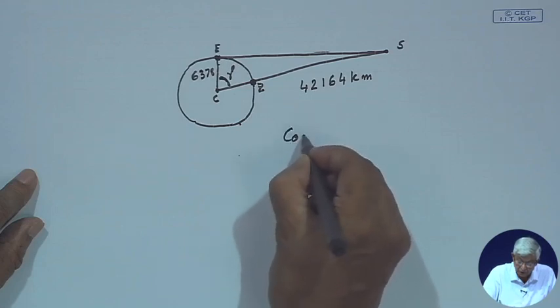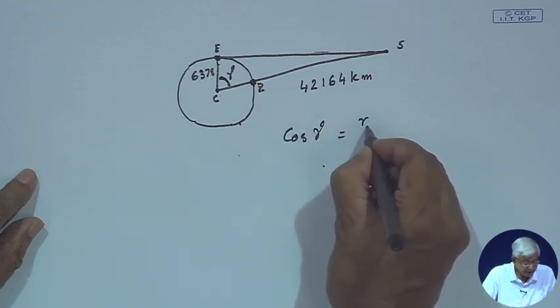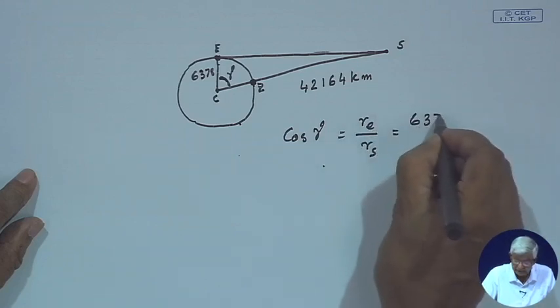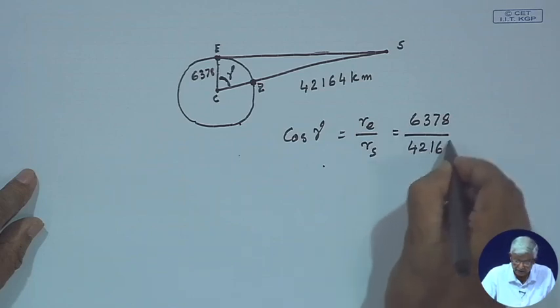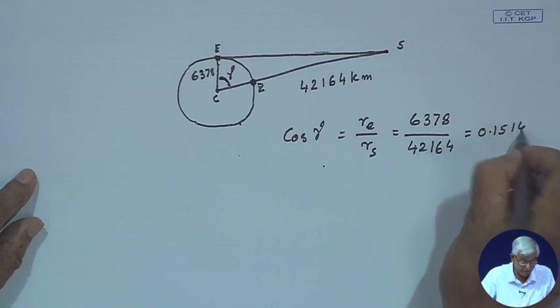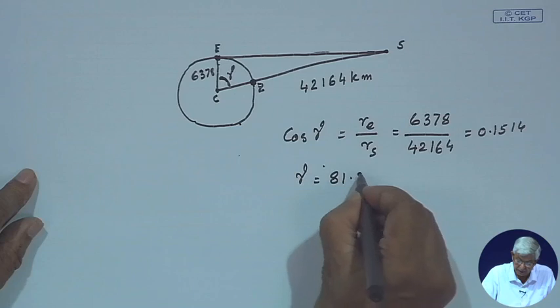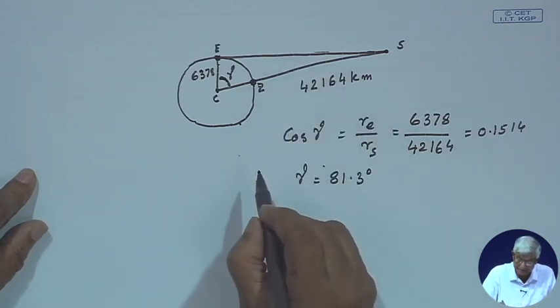So, cos of gamma is equal to R_E by R_S, is 6378 by 42164, is equal to 0.1514, and you can calculate the gamma comes out to be 81.3 degree. That we have done in the class.